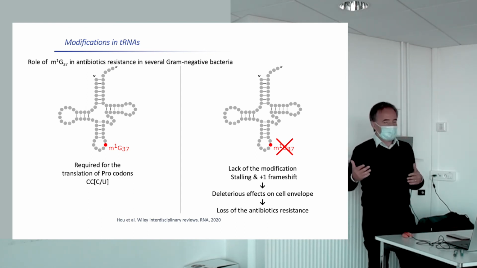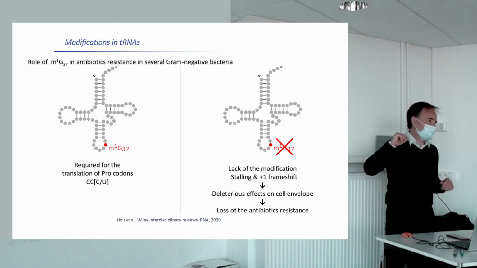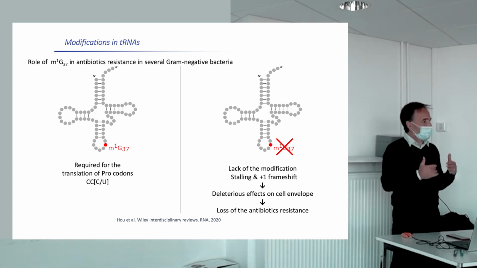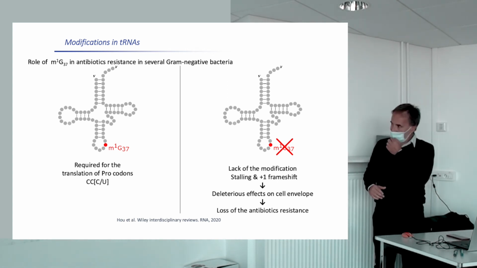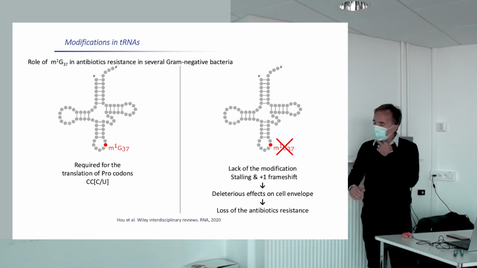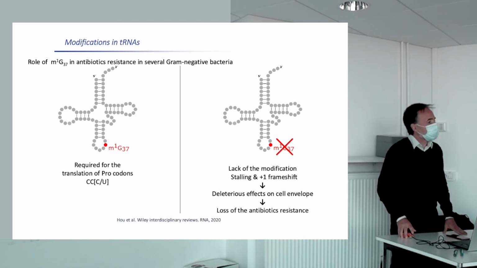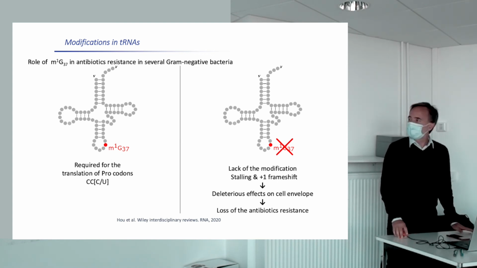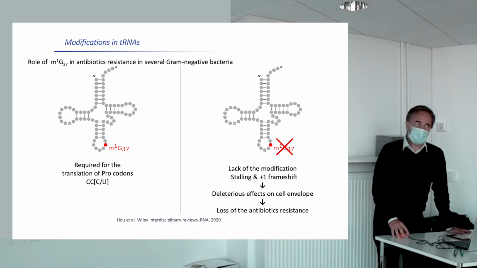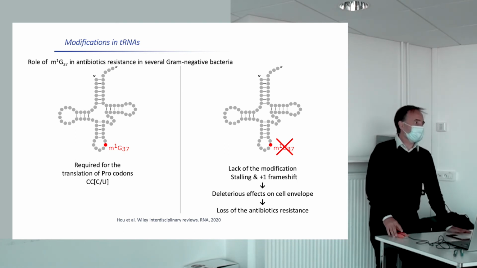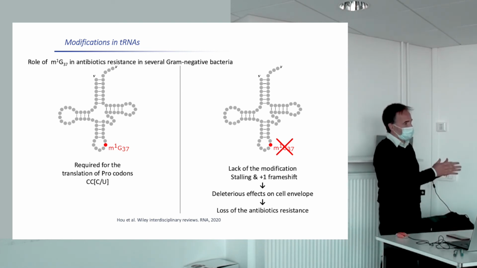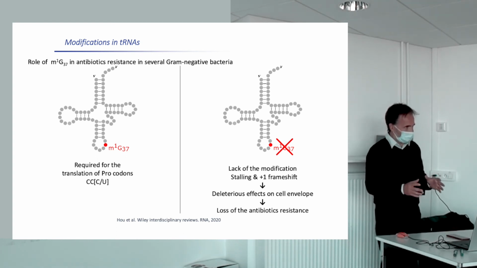So the cells without this modification enzyme are more sensitive to the antibiotic. Again, we don't have mechanistic details, differently from the other modifications on the anticodon loop, to explain why this modification can be specifically important for those CCC or CCU codons for the proline.